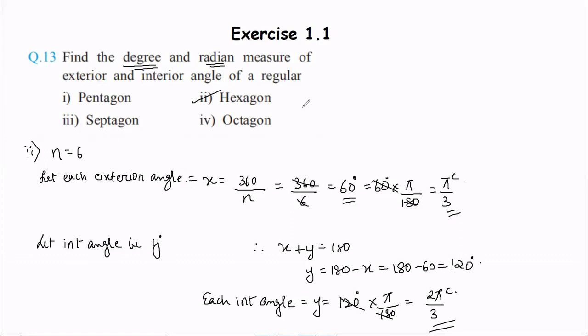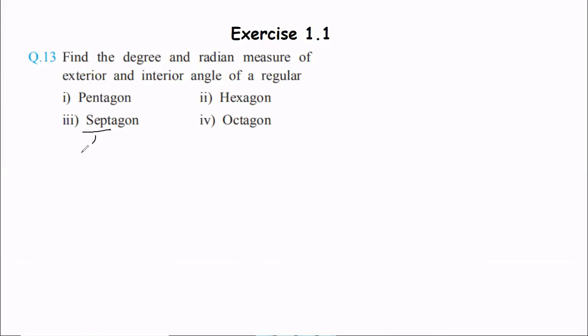Now we will move to the case of septagon. So when I talk about septagon, I mean 7-sided figure. So for septagon, I'll write over here the third sum, n is equal to 7. So let each exterior angle x be 360 by 7. Okay.